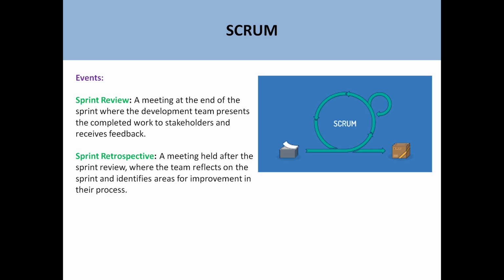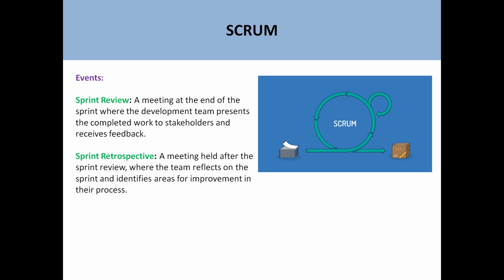Sprint retrospective is another event. In the sprint retrospective, it is basically a meeting in which the Scrum team, product owner, and Scrum master sit together, and normally we do this meeting after the sprint review meeting. They discuss what things went well, what things went wrong, what are the positive things, what are the negative things.